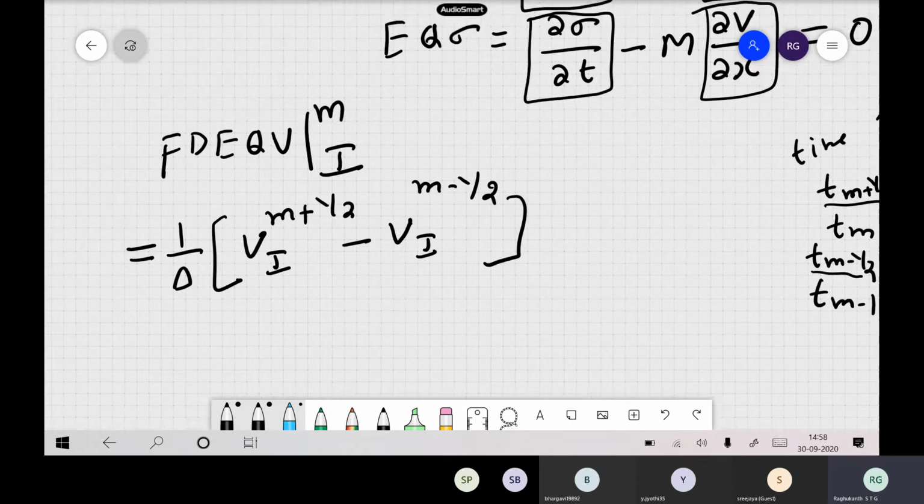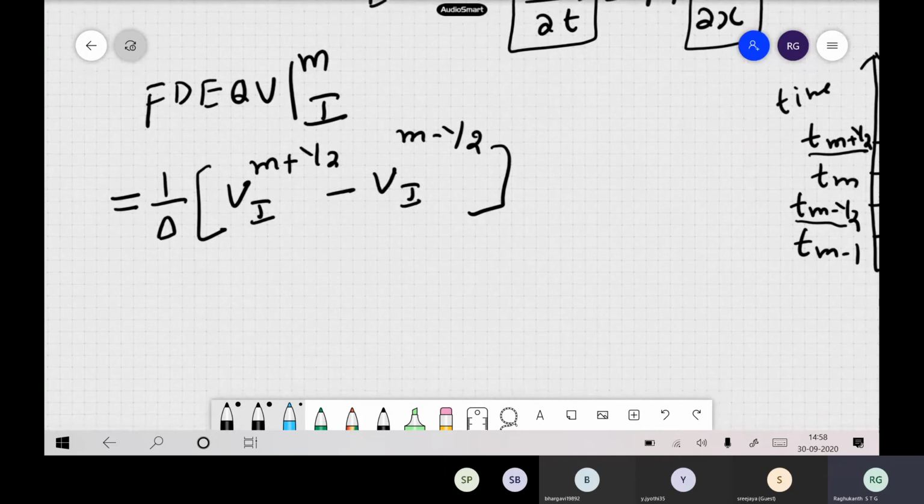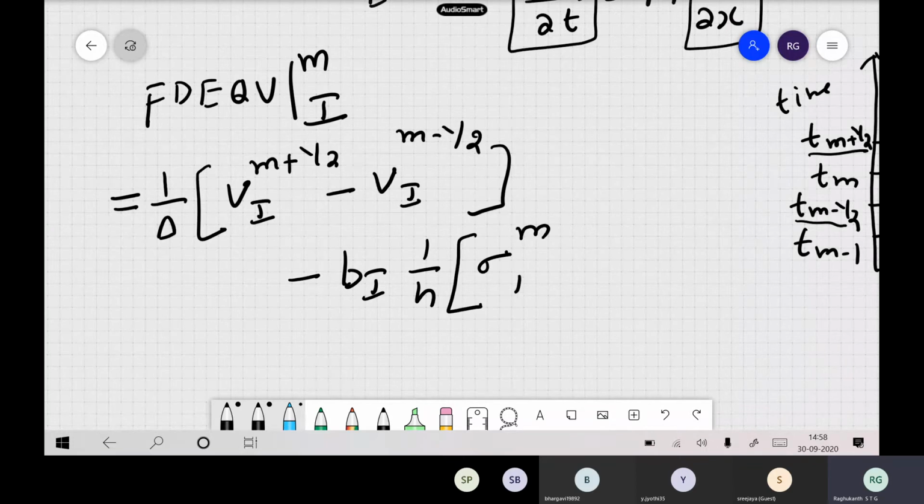Okay, so these are the derivative with respect to time. And the space derivative is there: 1 by h, sigma at m, i plus half minus sigma at m, i minus half. Okay, now see here, what is the meaning of these statements?